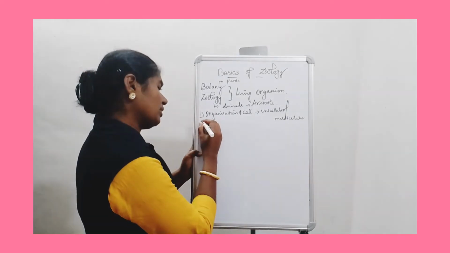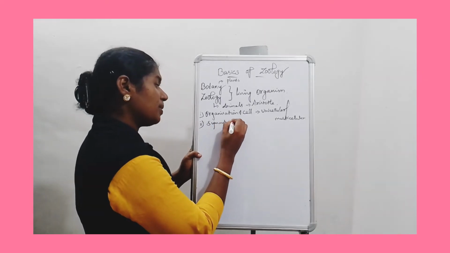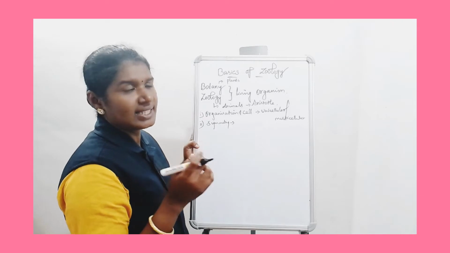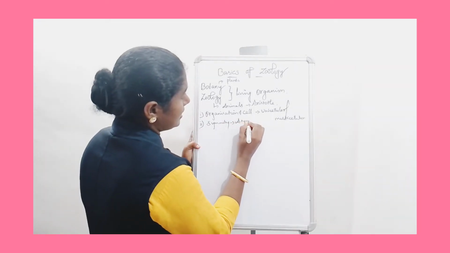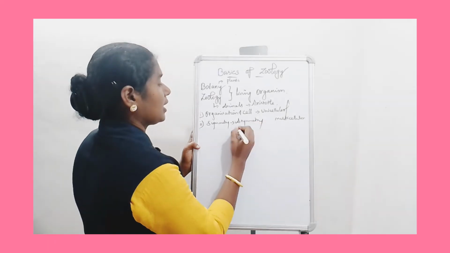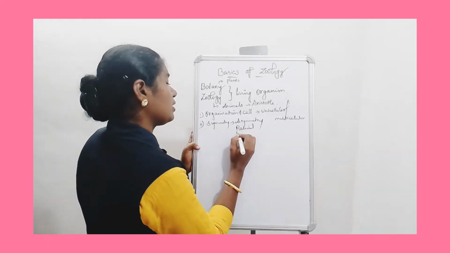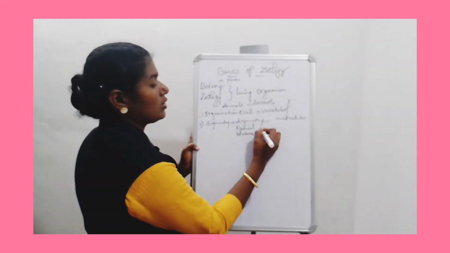And the second one, symmetry. Based on the body plan of an organism, it is classified into three categories: asymmetry, second one radial symmetry, and another one bilateral symmetry. A refers to absence of symmetry.